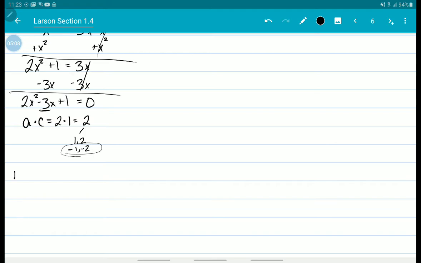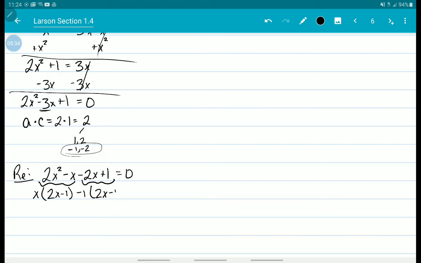So we're going to do a rewrite. 2x squared minus x minus 2x plus 1 is equal to 0. Do our factor by grouping. We could pull an x out of the first two terms. We could pull a negative 1 out of the second two.